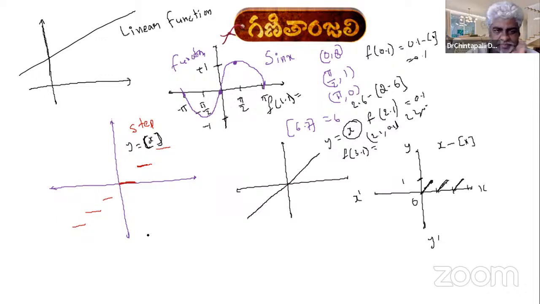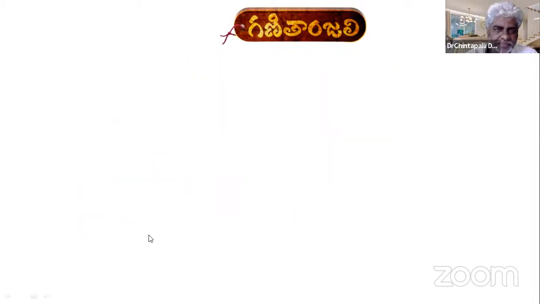And let's try to draw the graph of x square. Oh, parabola, sir. Yes, but wait, is it a function? F of x is equal to x square. F of -1 is equal to 1.